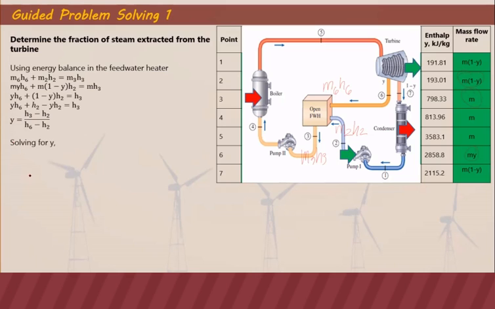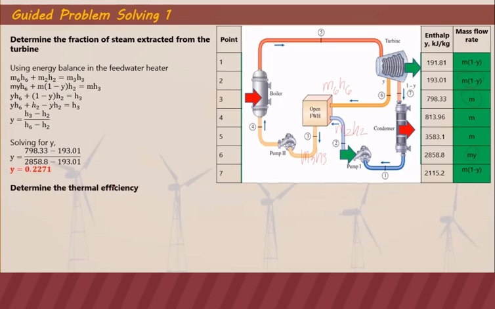So our Y is equal to 0.2271. Meaning the fraction of steam extracted at point 6 is 0.2271. And 1 minus Y is the steam that flows at point 7 and at points 1 and 2. So our Y is 0.2271. This is the fraction of steam extracted for the open feed water heater.